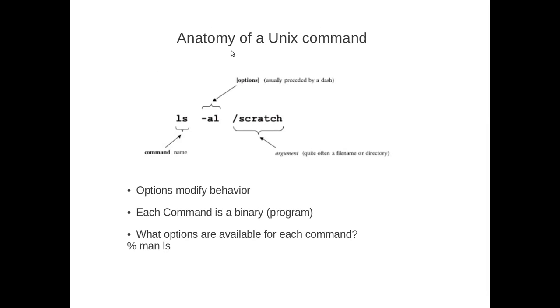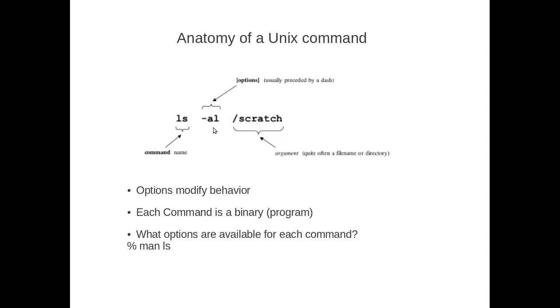So just quickly, this is review. Most of you will know this, but if you don't, the anatomy of a Unix command. This is a command called ls, which simply lists the name of the files. The -al customizes the command to give some desired output. So if you just type ls, you'll get a list of files.